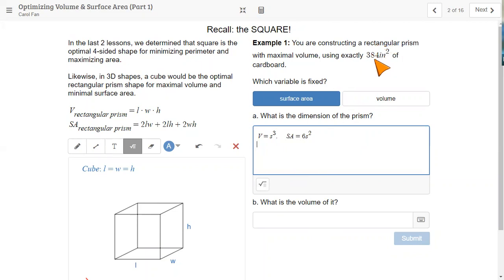So let's take this and substitute it into my surface area equation. 384 is equal to 6 s squared. 384 divided by 6 is equal to s squared.